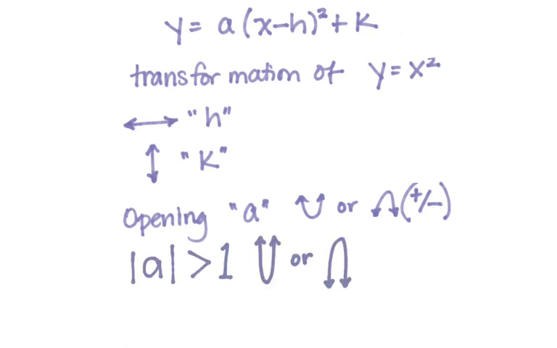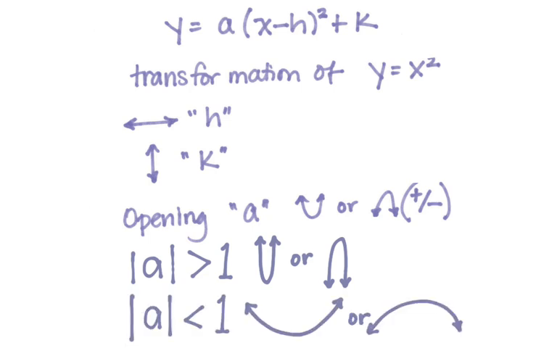Now, forget that it's positive or negative. We'll just look at the absolute value of it. When that number, a, is greater than 1, then it is a vertical stretch. It gets skinny. It's like you're holding it down here and pulling the top little pieces, and it stretches it to become skinnier.